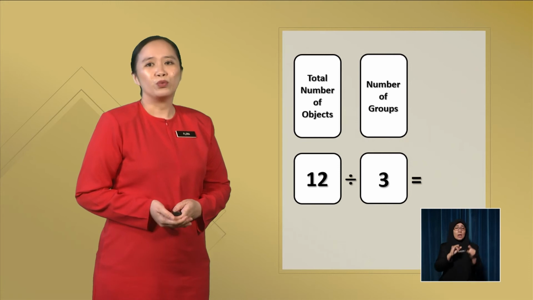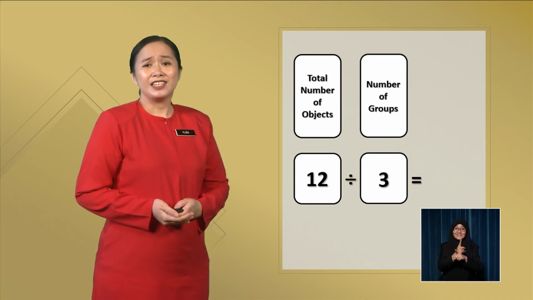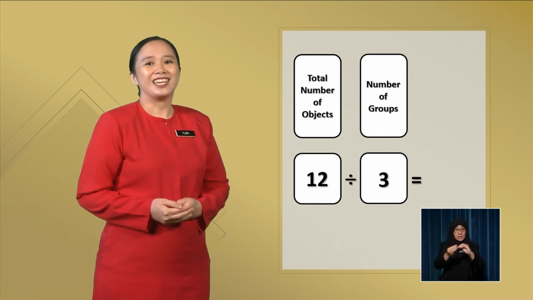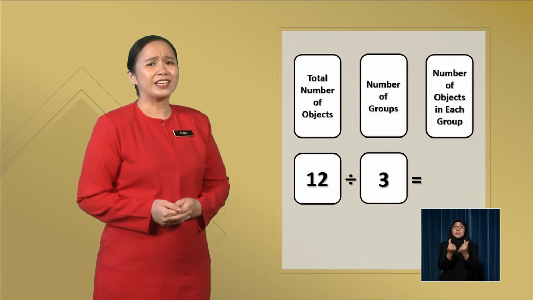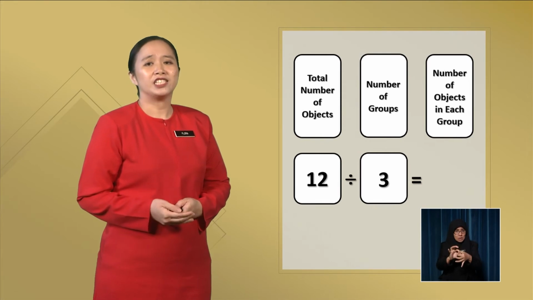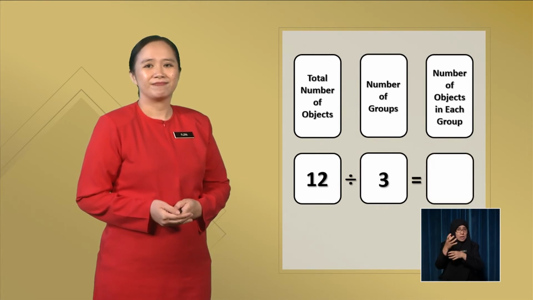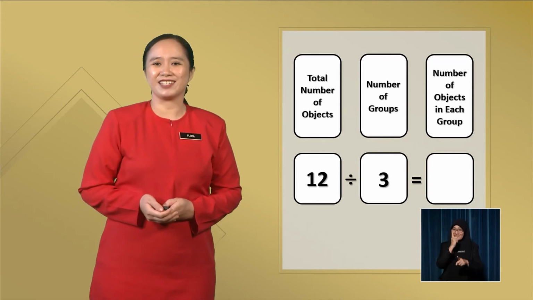Finally, what should we write? Yes, correct. The number of objects in each group. How many cartons of chocolate milk does each child get? Wonderful! You are very smart.